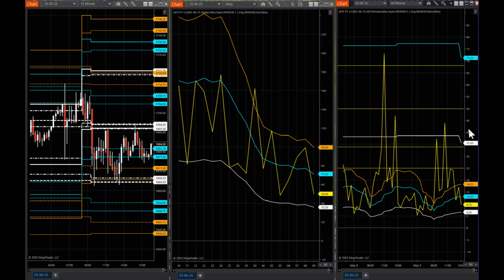Or R1 of the 1 hour IB, or you know what I'm trying to say. And conditionalize it that way according to volatility. So there's different ways to do it.